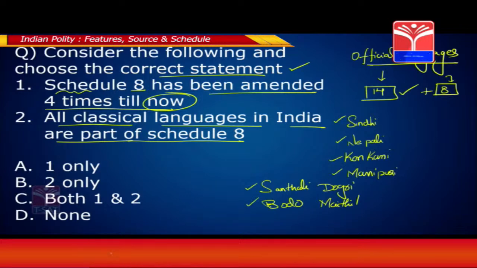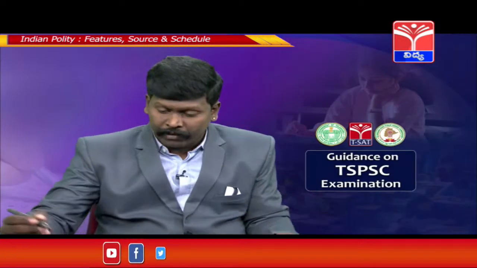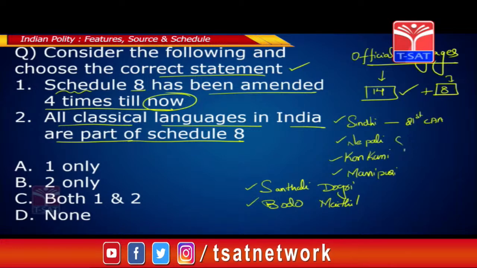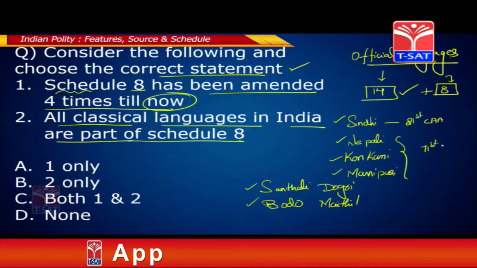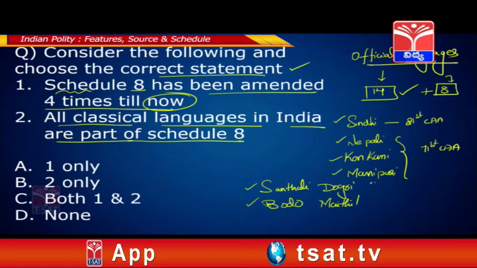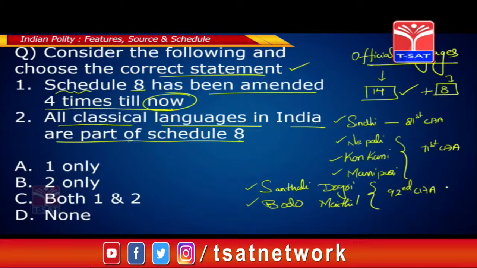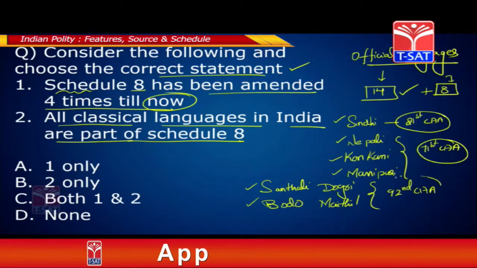How were they added? By constitutional amendment. Sindhi was added by the 21st Constitutional Amendment Act. Nepali, Konkani, Manipuri, by the 71st Constitutional Amendment Act. Dogri, Santali, Maithili and also Bodo, by the 92nd Constitutional Amendment Act. So, officially we know that Schedule 8 has been amended 1, 2 and 3 times.